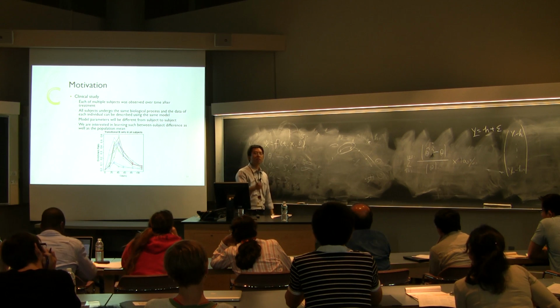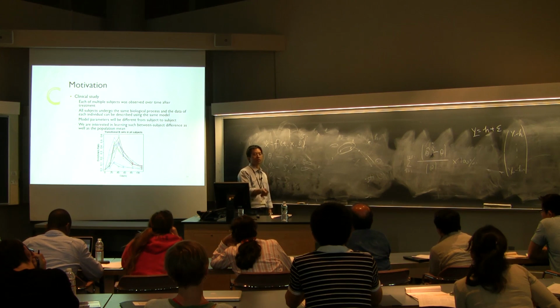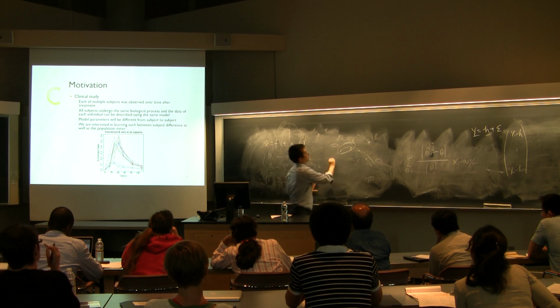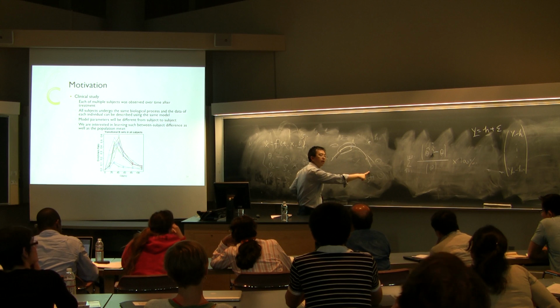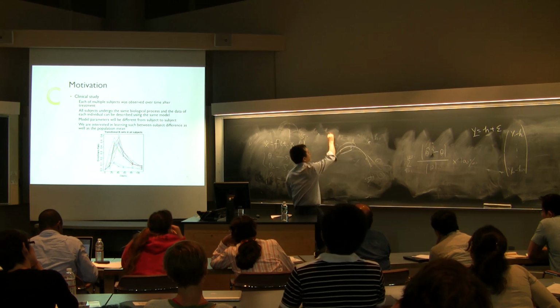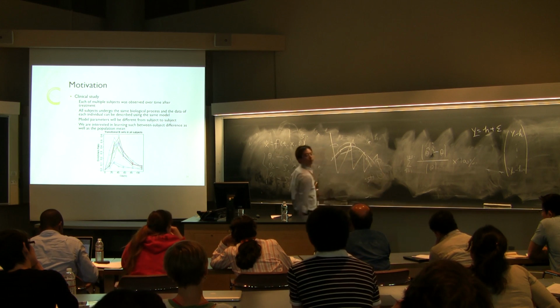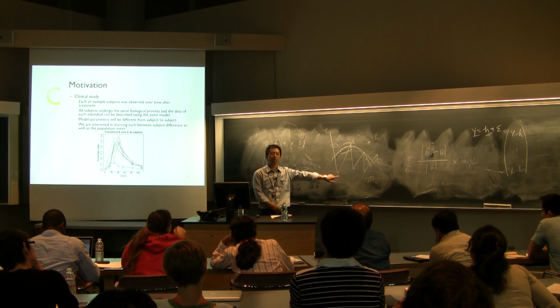Also, you will notice some subjects have extremely large oscillation or fluctuation in their data. Probably most of the subjects have this pattern, however, some subjects just randomly jump. That's not uncommon.